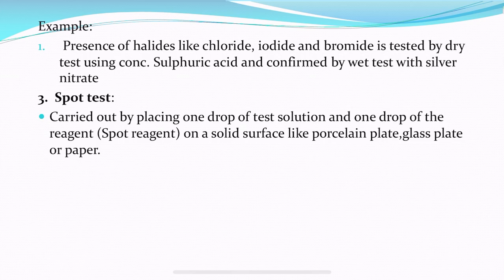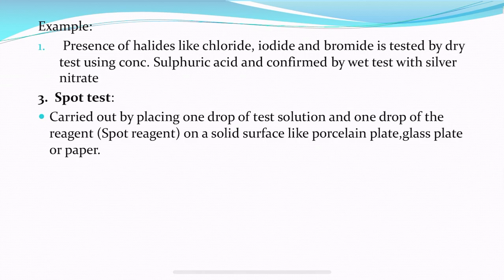Since we are using drops, and those drops are spotted on a solid surface like a porcelain plate, glass plate or a paper, hence we call it a spot test. The spot tests are usually applied to micro and semi micro techniques for identifying ions or compounds.